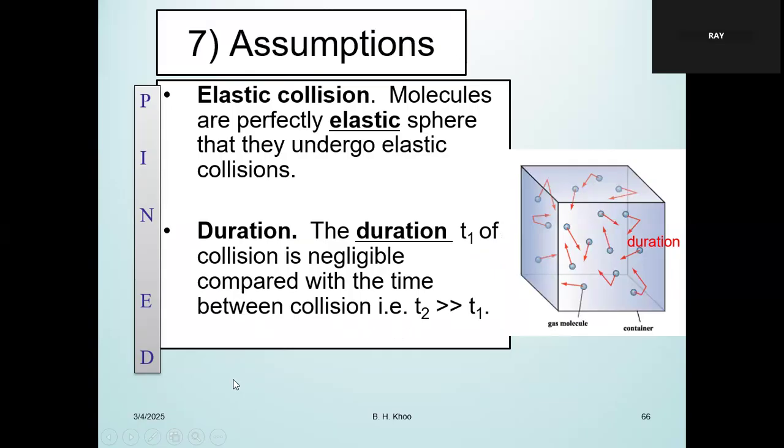So we are not looking at the collision between particles. We are looking at the collision with the wall. The duration is the time it hits the wall of the container. And then t2, the time between collisions, is when it hits the wall, goes back, hits the other side, and then comes back again. That is the time that you want.